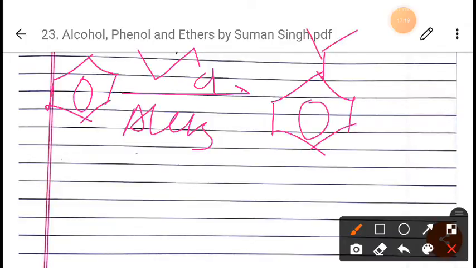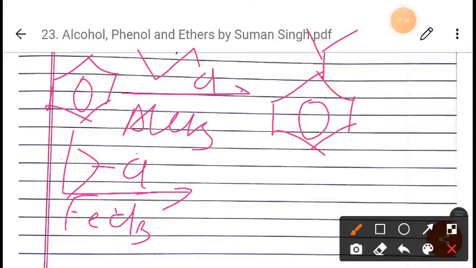One more method: if we supply this chloride in presence of FeCl3, it will again give cumene. So there are so many methods to prepare cumene.